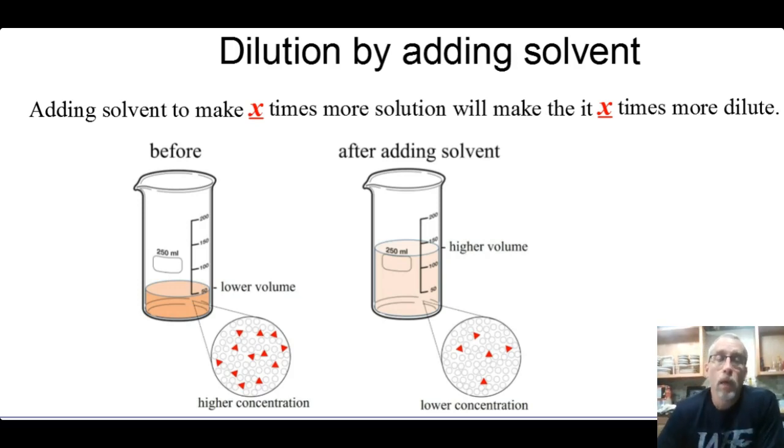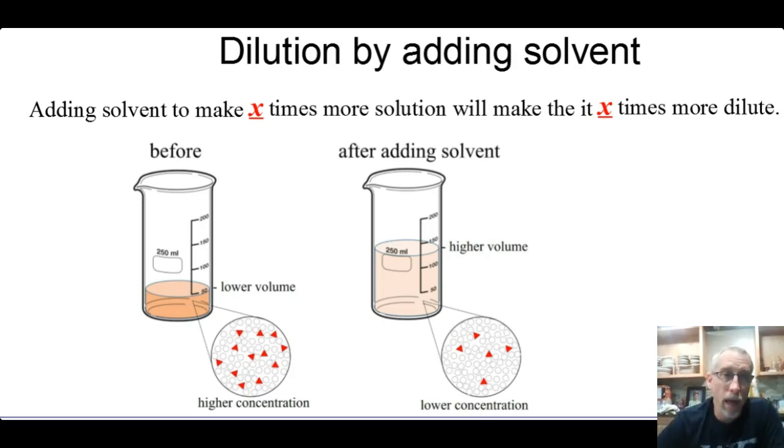So for example, if you have a half of a cup of hot chocolate and you say, oh, it's way too chocolatey, if you double the amount of water, that means you double the amount of solution that you have, you will make it 2 times more dilute. Okay? If you triple the amount of solution you have by adding even more water, you will make it 3 times more dilute. Another way of saying 3 times more dilute is 1/3 as concentrated. So we can use those phrases interchangeably.